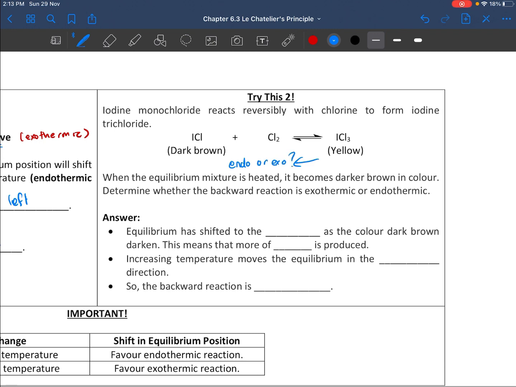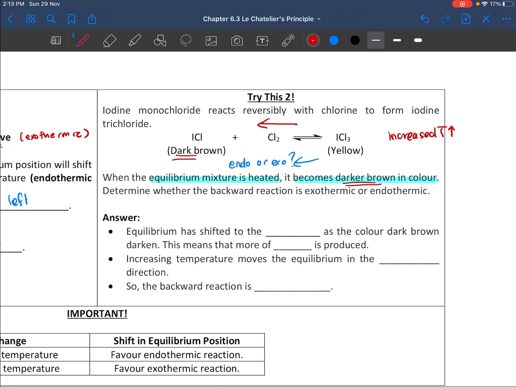Okay, so kita nak jawab soalan ni, kita kena tengok balik apa data yang dia cakap. Dia kata when the equilibrium mixture is heated, it becomes darker brown in colour. Okay, heated. Maksudnya sekarang di sistem dia increasekan temperature lah. Okay, so increase temperature. So, bila temperature increase, apa yang terjadi adalah color brown tu jadi makin gelap. So, makin gelap maksudnya dia shift to the left lah. Okay, dia menghasilkan lebih banyak ICl.